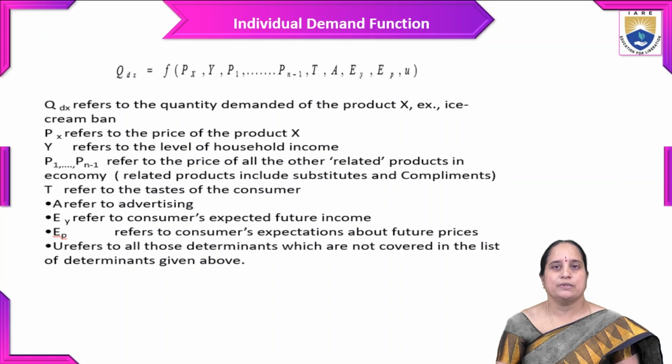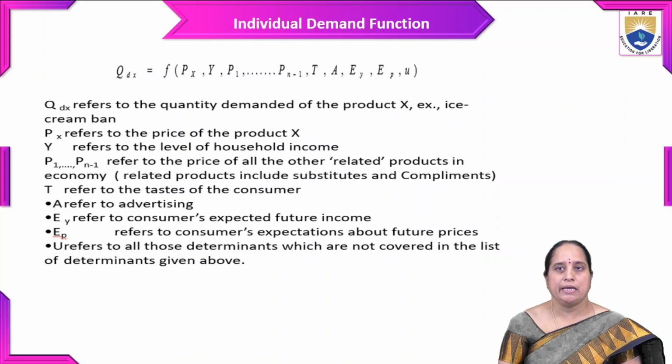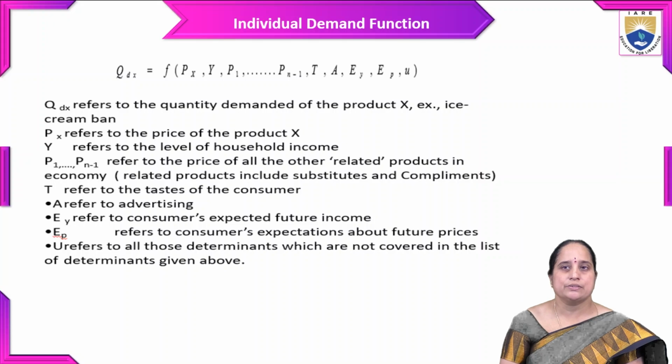So this is the demand function. QDX is equal to a function of Px, Y, P1 up to Pn-1, T, A, EY, EP, U. What does QDX stand for? It is the quantity demanded of the product X, and Px refers to the price of the product X. Y refers to the level of household income, and P1 to Pn-1 refers to the prices of all other related products in the economy.